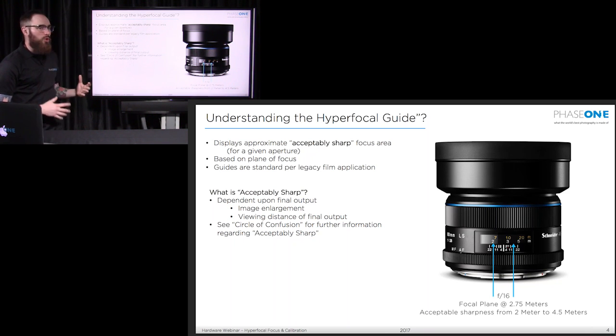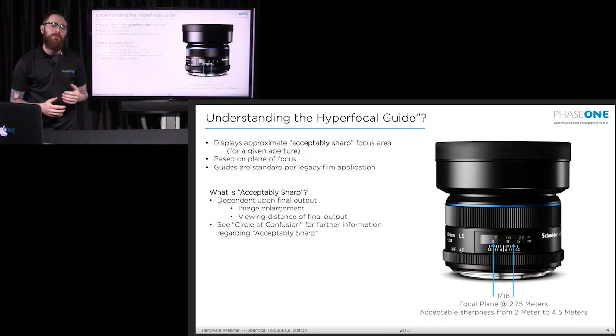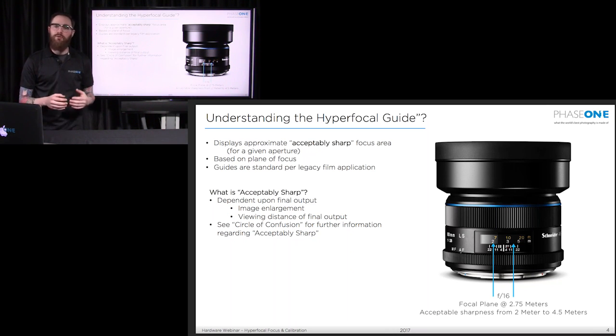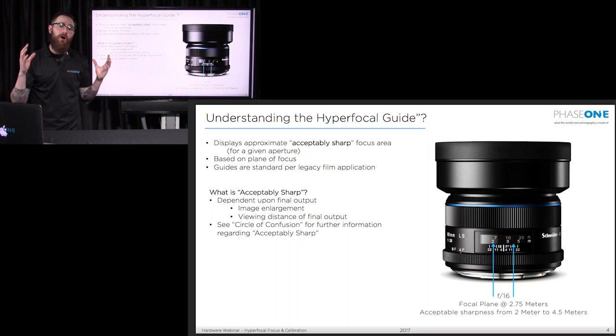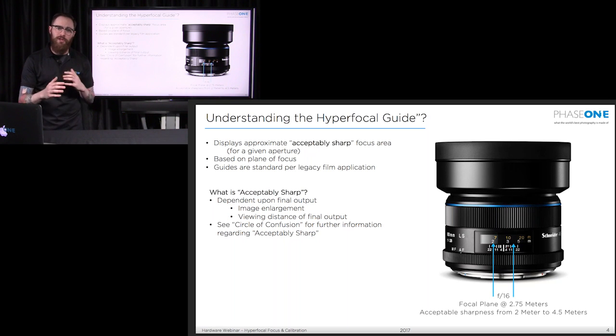So if you want to know more about that acceptably sharp term, I would encourage everybody to just go ahead and do a couple Google searches for the circle of confusion. The circle of confusion is a term that is the scientific breakdown of that approximation, what is sharpness, in terms of depth of field. It is not covering all of acceptably sharp, but it is a very crucial element to what acceptably sharp means, and they overlap quite a bit.